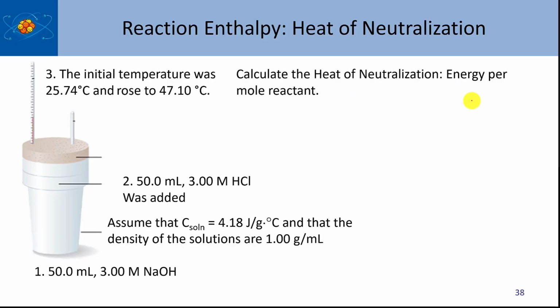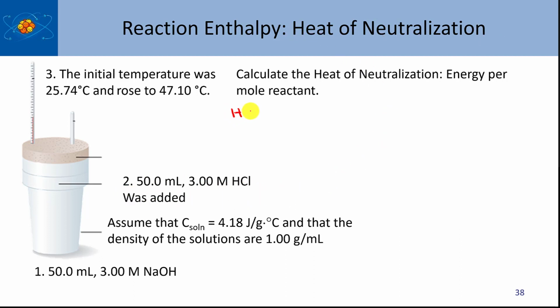So here's a typical setup. I'm starting with 50 milliliters of 3 molar sodium hydroxide in the container. I measure the temperature, so I have initial temperatures, and the second thing I'll do then is I'll add 50 milliliters of 3 molar HCl. So this is a heat of neutralization.